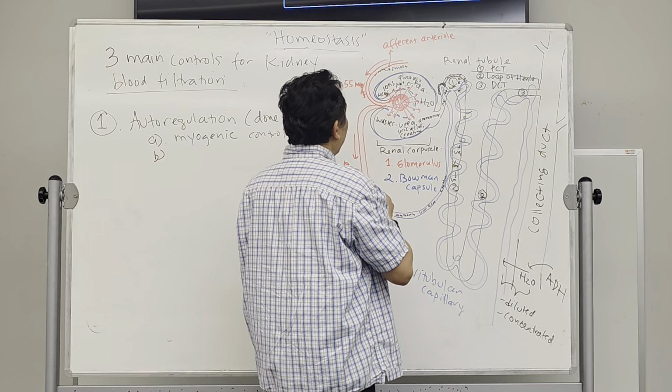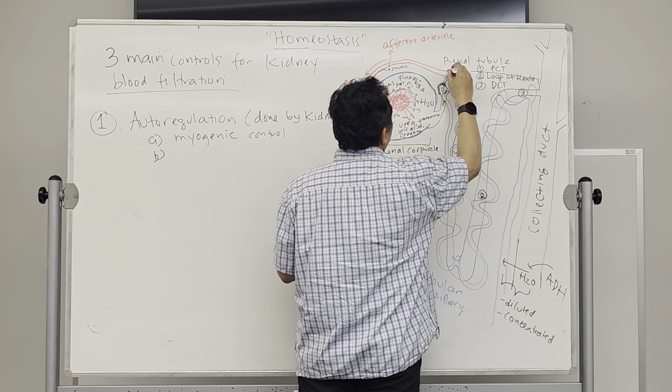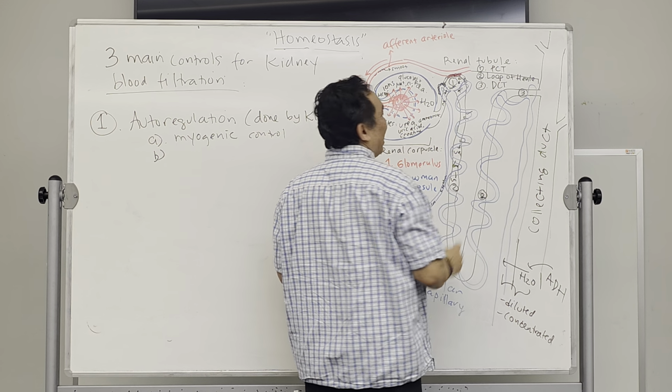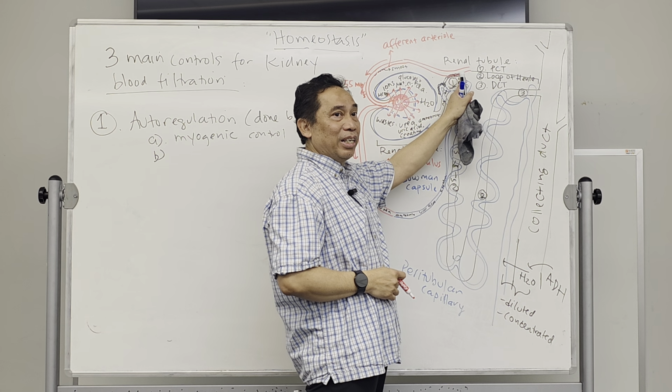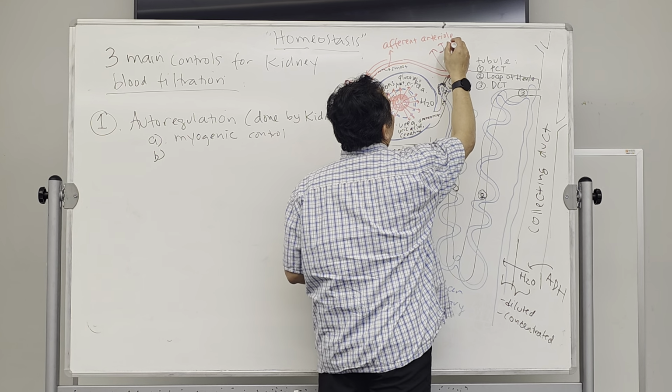It's actually touching the afferent arterioles. So the arterioles touch the PCT over here. This area is called the JGA.